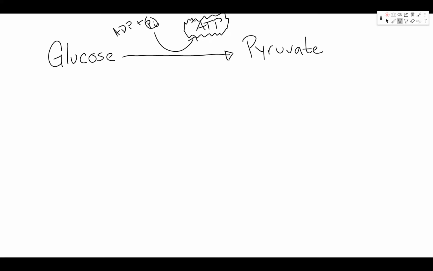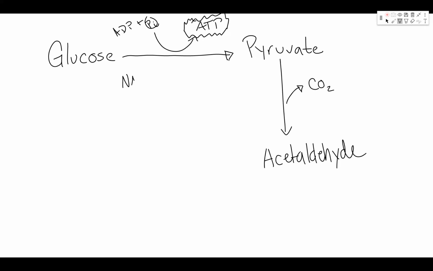We are then going to turn pyruvate, with the loss of some carbon dioxide, into acetaldehyde. But from glycolysis, we have also reduced NAD plus to NADH.